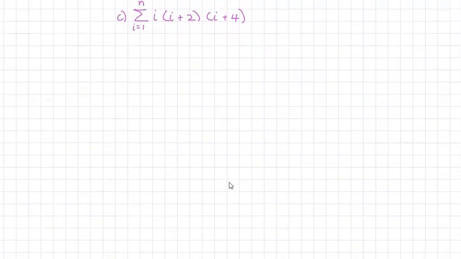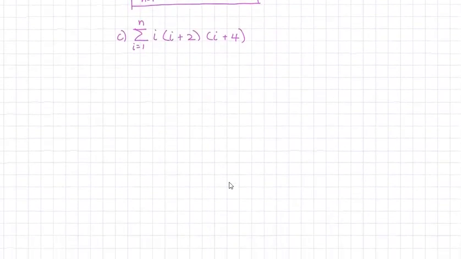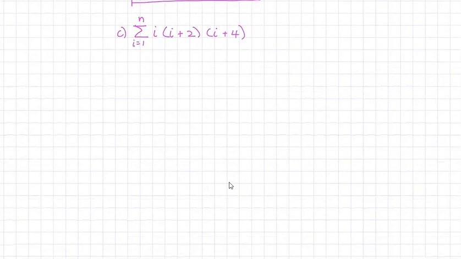Let's just scroll it up here. Yeah, if I can get it to stop. There we go. Okay, so we have the summation as i goes from 1 to n. Like I said, you have to multiply all this out. And when you do, you're going to get i cubed plus 6i squared plus 8i. So now we have that. Break it up.